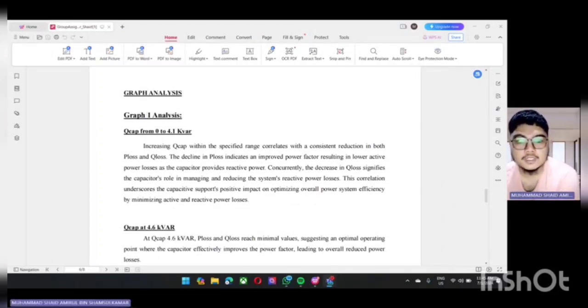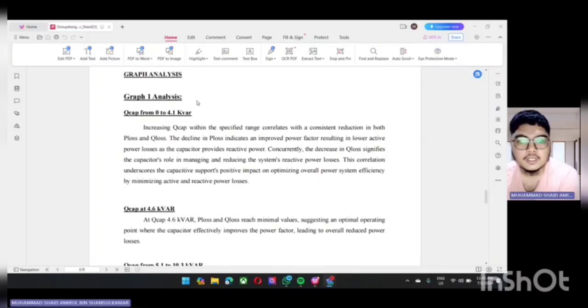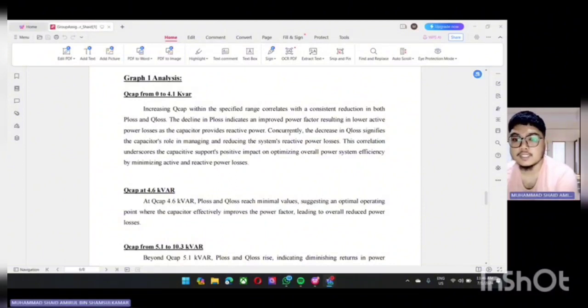So for the graph 1 analysis, Q cap from 0 to 4.1 kVAR. Increasing Q cap within the specified range correlates with a consistent reduction in both P losses and Q losses. The decline in the P losses indicates an improved power factor, resulting in lower active power losses as the capacitor provides reactive power.